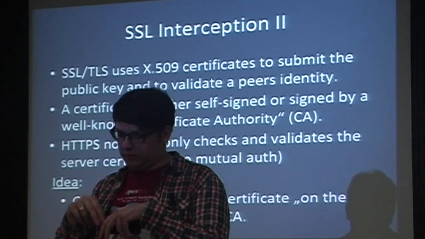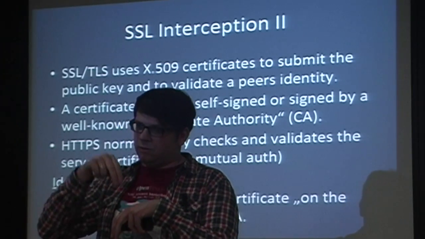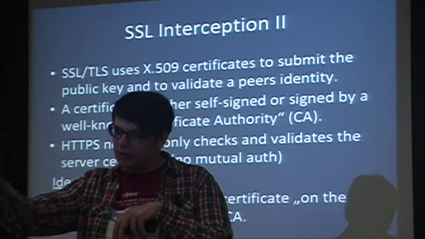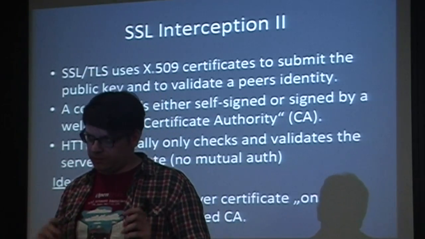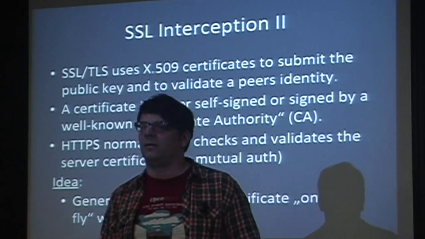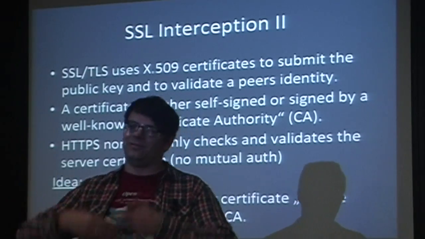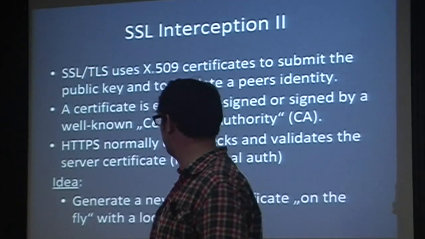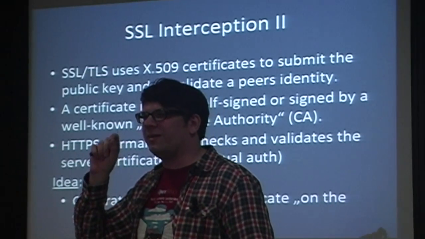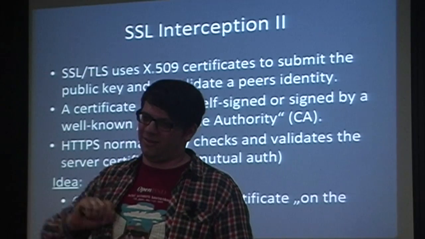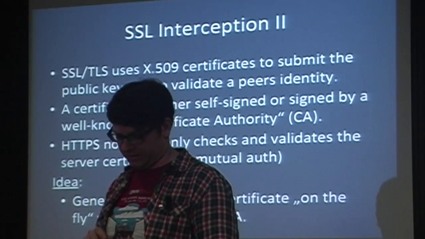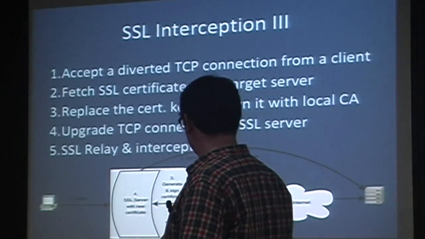So you need to create a new certificate for each new SSL connection. In the beginning I thought, oh, that's probably a pain to do all the time, but I figured out it isn't that hard, because you basically patch the existing certificate, just put in your information and that's it. So how does it look?